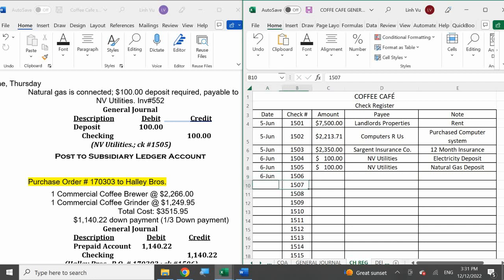So it's 66 right now for 1506 for the 1140.22. Okay. To Hallie Bros. Okay, and what is this for? You could either put the purchase order number here, or you could say down payment on brewer / grinder.